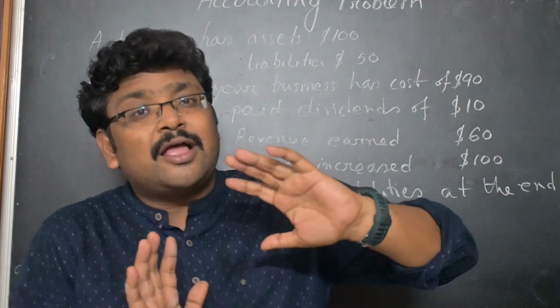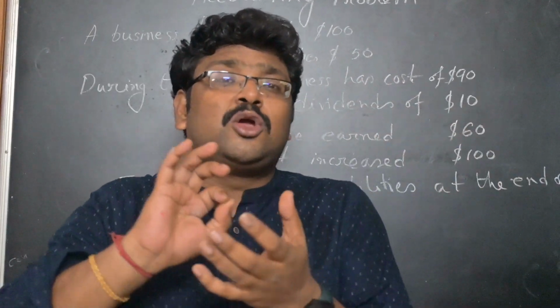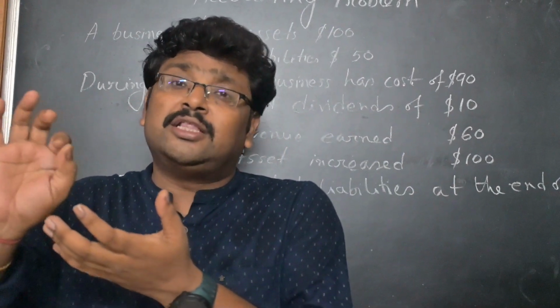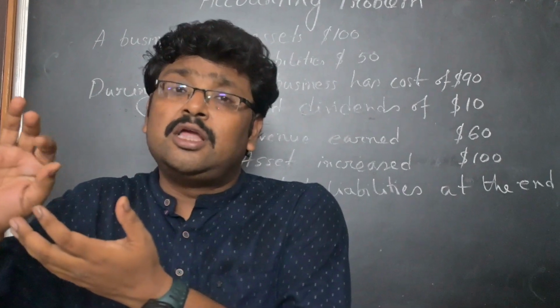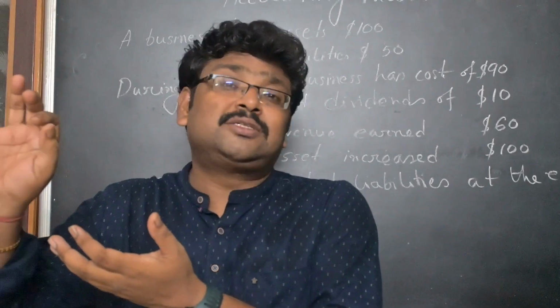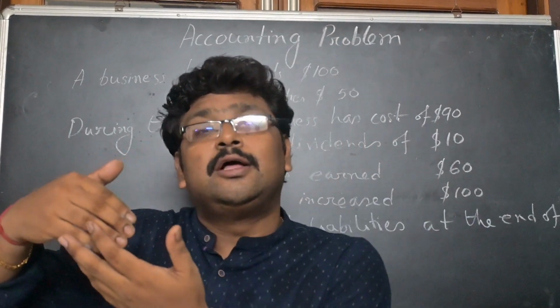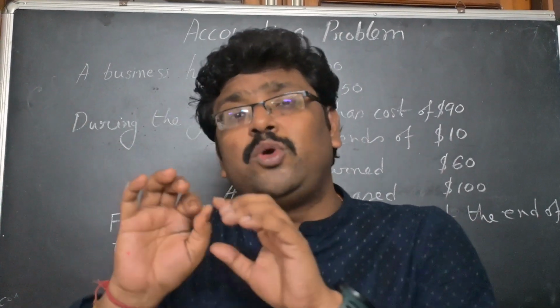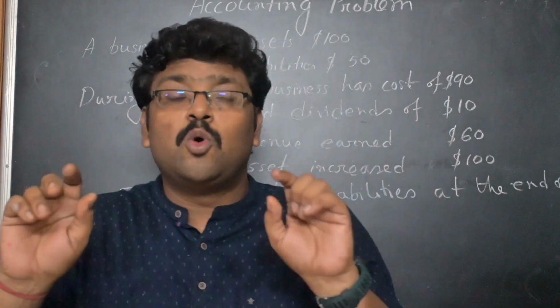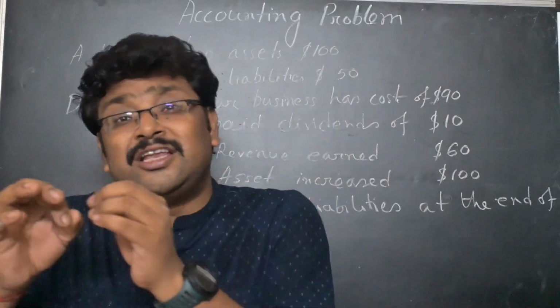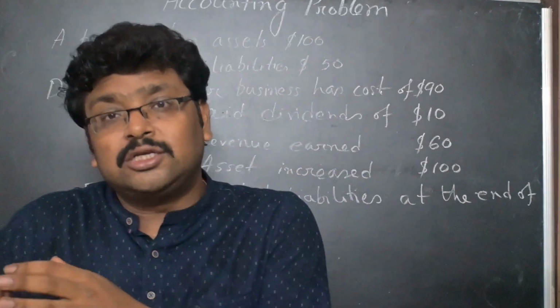In the beginning, assets equal liability plus equity, and during the period you can divide the equity into two parts: one is the owner's capital, and another is the retained earnings.